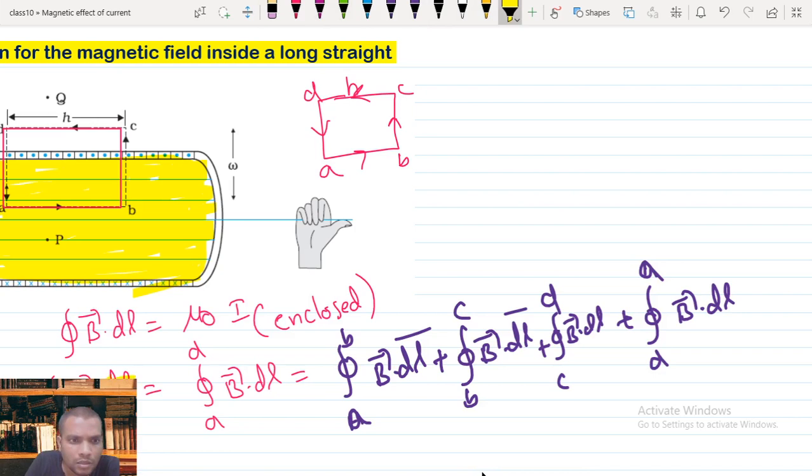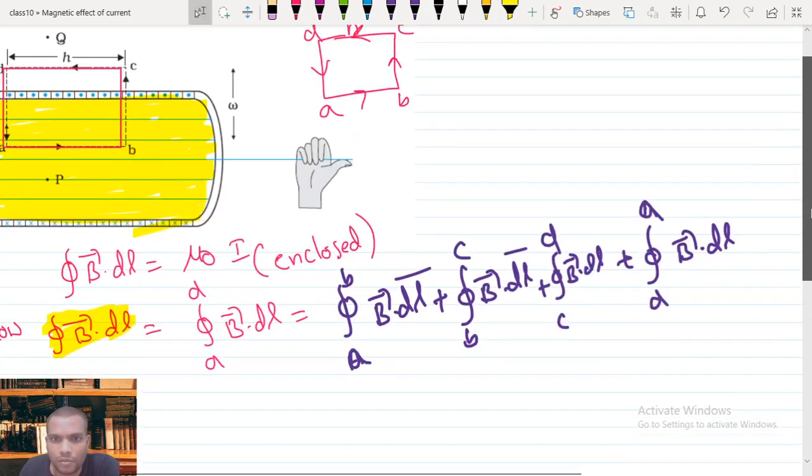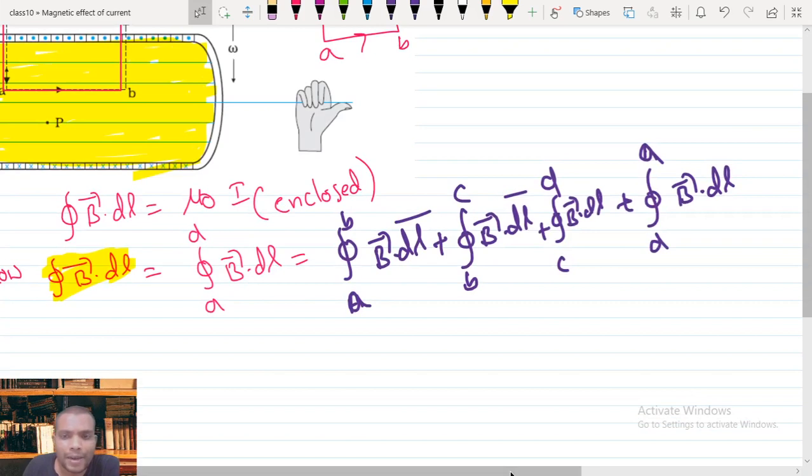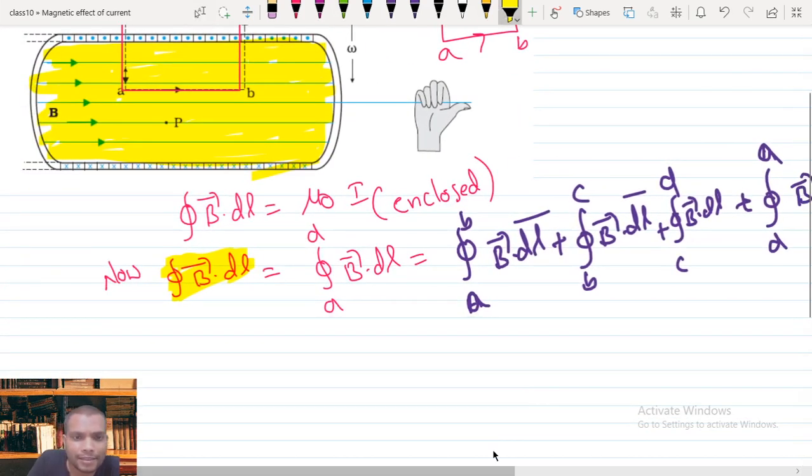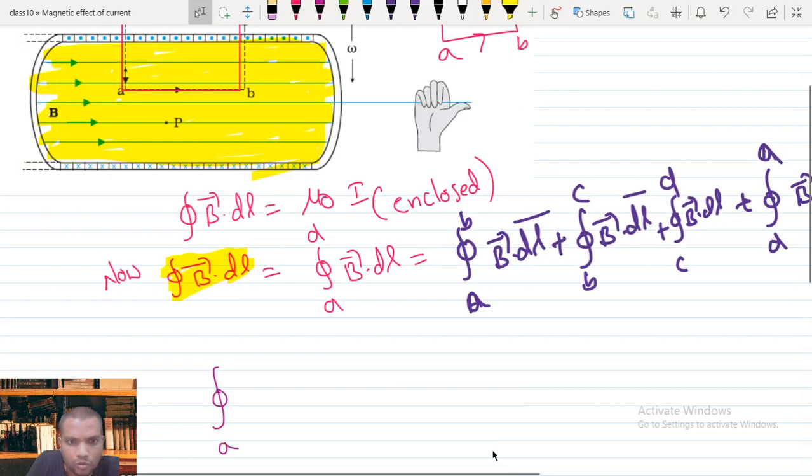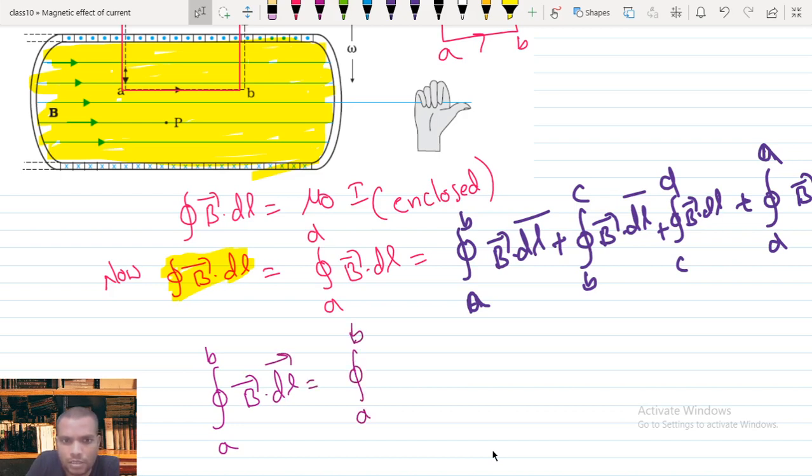How? The elemental length is affected by the magnetic field. Now if you remember, this is the dot product of magnetic field B bar and elemental length. So the closed integral a to b, B bar dot dl bar, is the dot product between this elemental length and magnetic field.